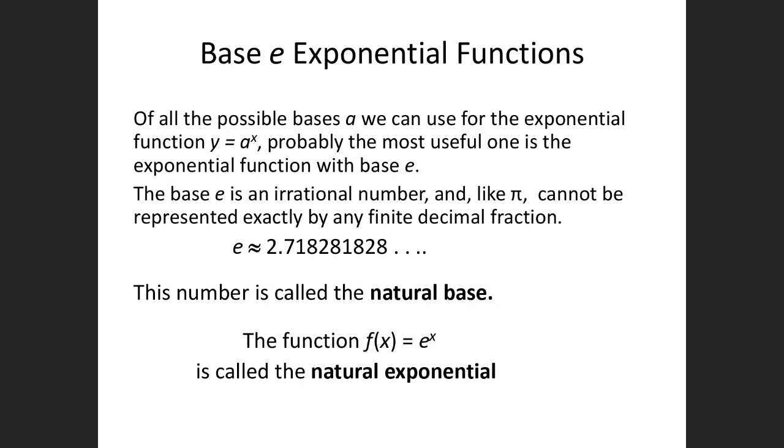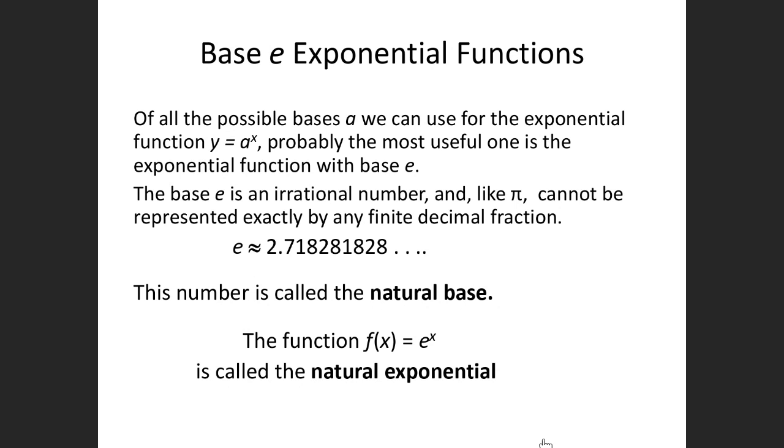It's called the natural base. The natural base is an irrational number, just like the very familiar irrational number pi. Pi is a symbol that represents 3.14 and so on. Same thing here. e is a symbol that represents 2.7182 and so on.